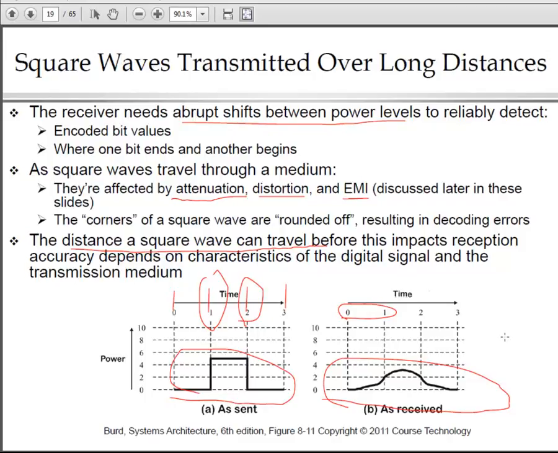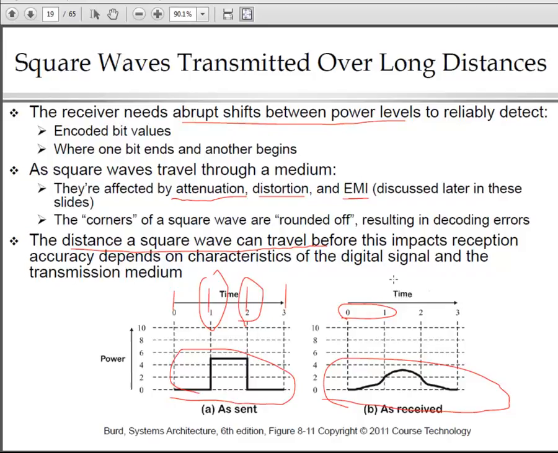If, on the other hand, say we're pushing an optical square wave through a very expensive single mode fiber optic cable, then now we're probably talking 20 miles or so, maybe even a little longer. So the bottom line is you can play games with signal characteristics: high power versus low power, low frequency versus high frequency, optical versus electrical.